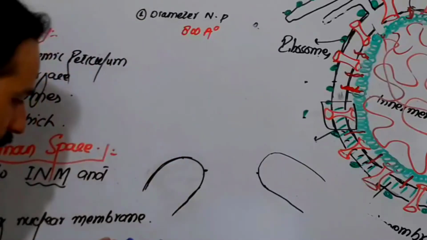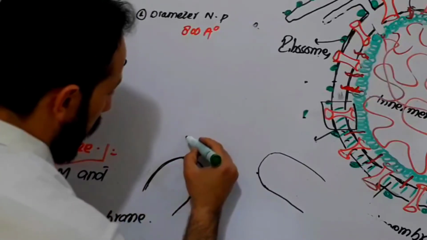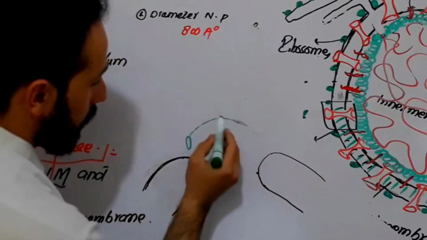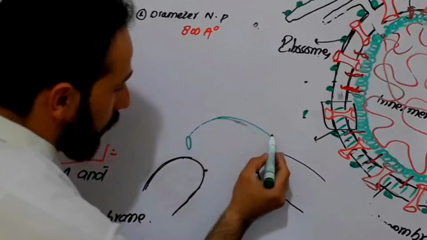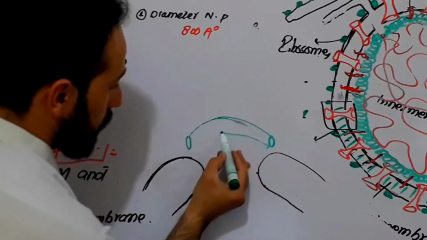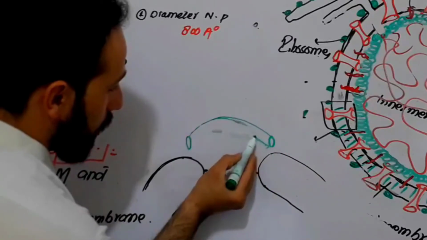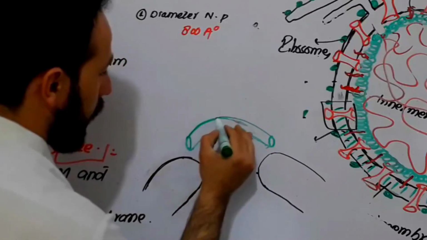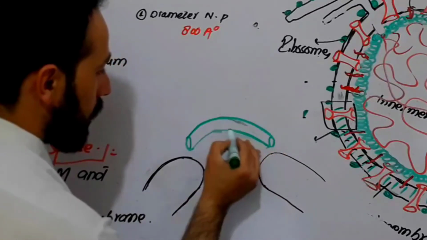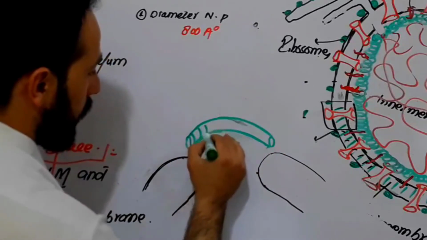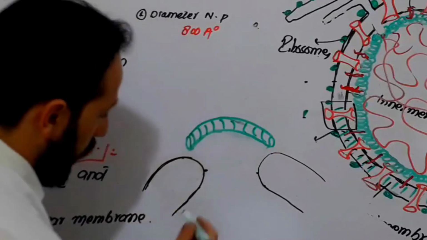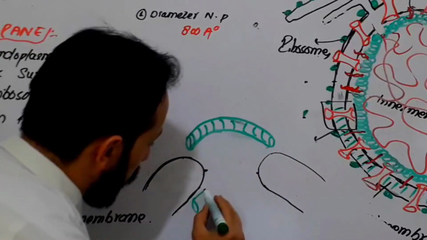So if we draw the structure of that, there will be a cytoplasmic ring, right? There is a cytoplasmic ring like this. This ring is made up of proteins, we know that. Then there is an inner ring which is called the nuclear ring.